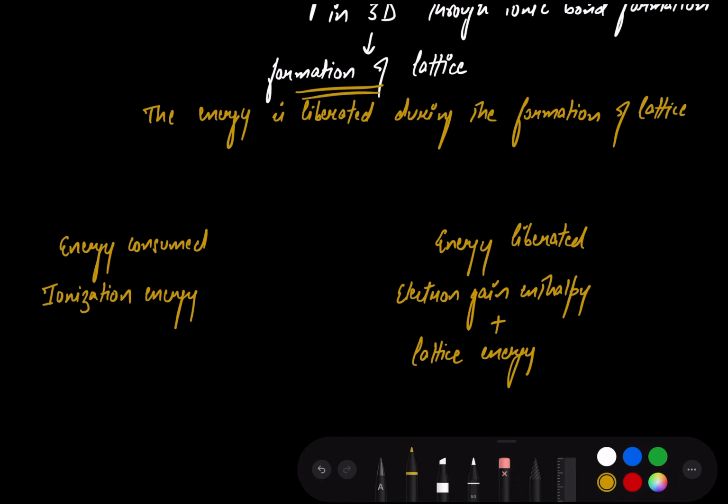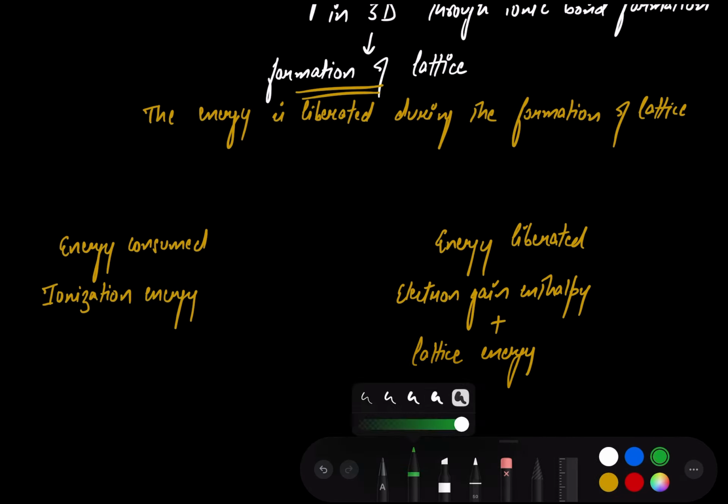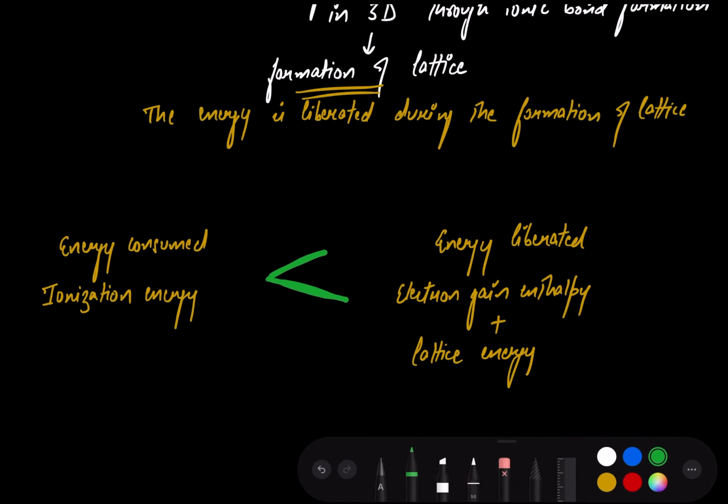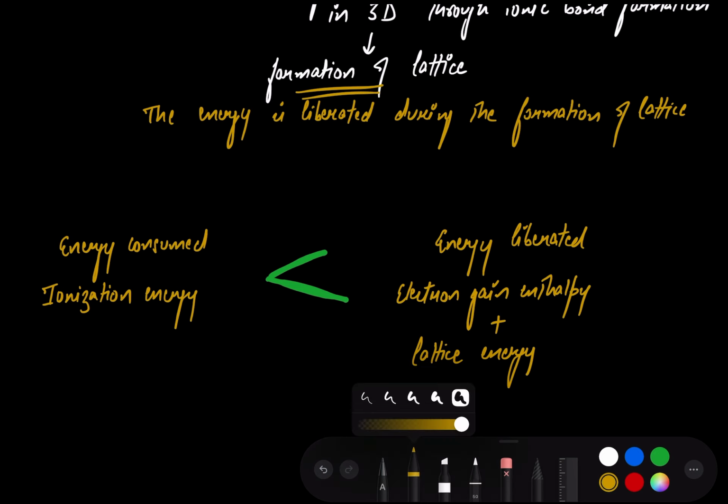So here the overall magnitude of energy liberated is greater than the magnitude of the energy consumed, which favors the formation of ionic bond.